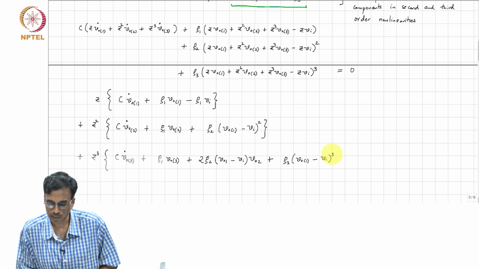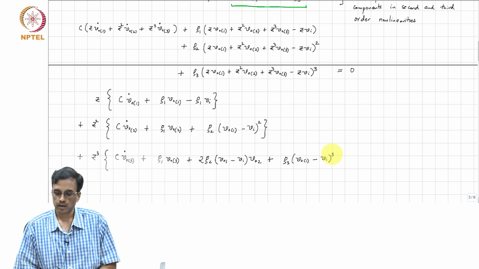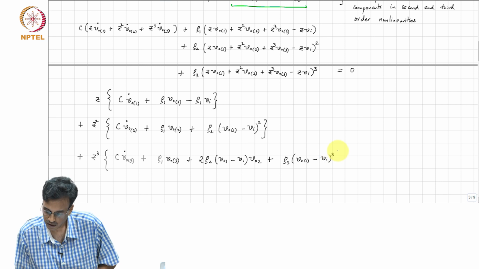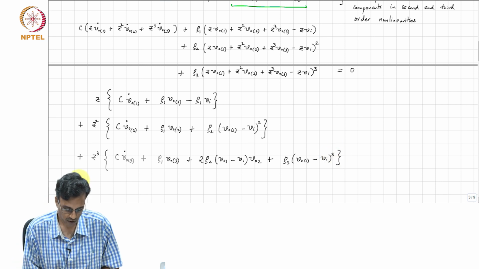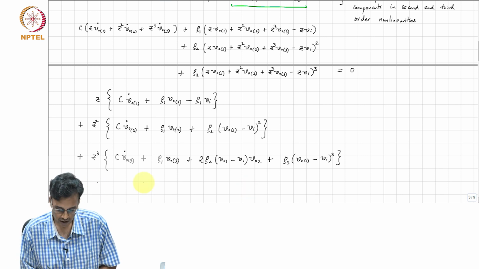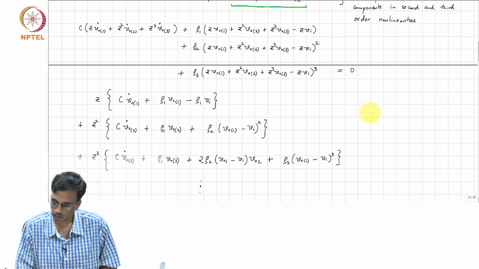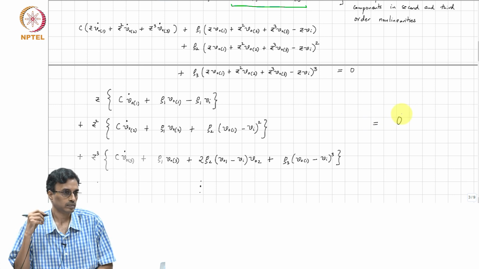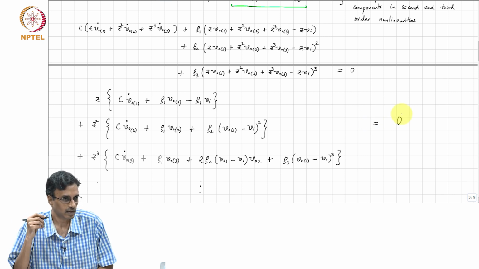All the other terms will be of higher order, right. For each order of Z, you can go on writing this stuff, plus and so on, must all be equal to 0. Does it make sense?